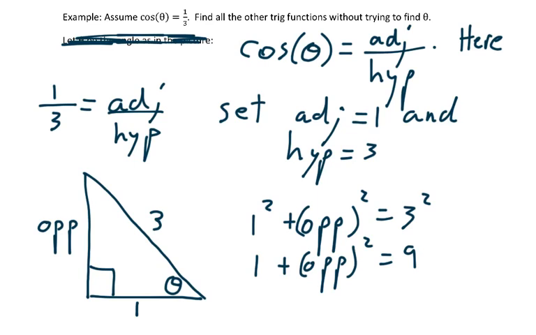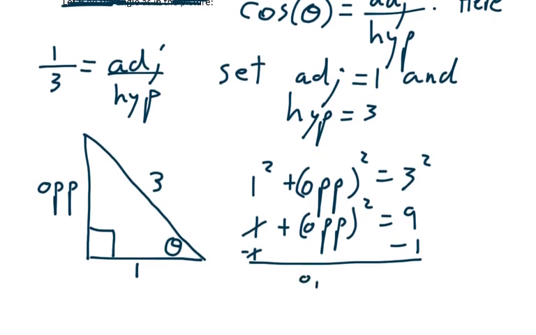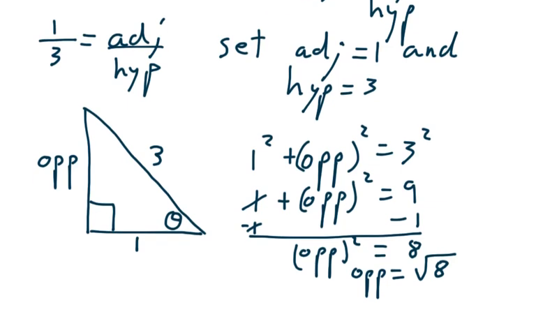But we want the opposite side length, so we have to solve for it. We can subtract 1, these cancel, and we have OPP squared is equal to 9 minus 1, which is 8. But that's OPP squared, so the opposite side is the square root of 8.